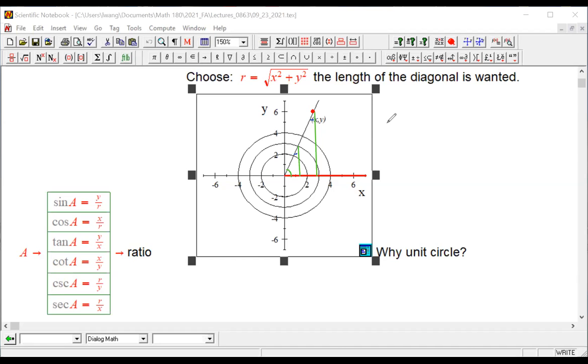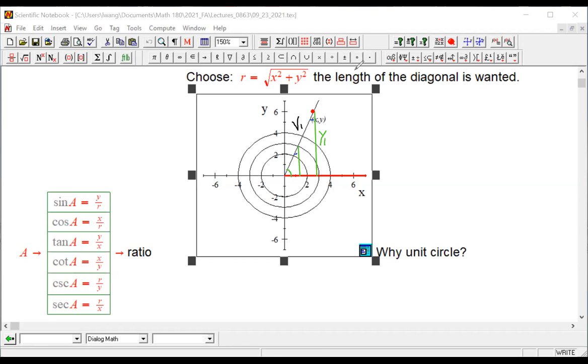As a result, the ratio, so this ratio I call Y1, and that R, this long R, I call it R1.